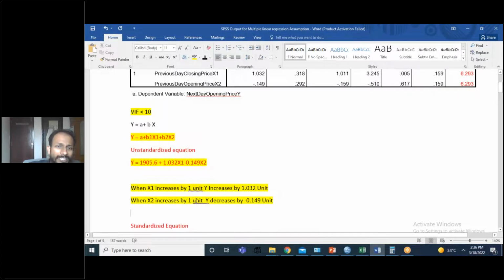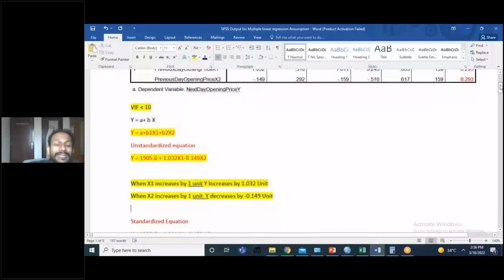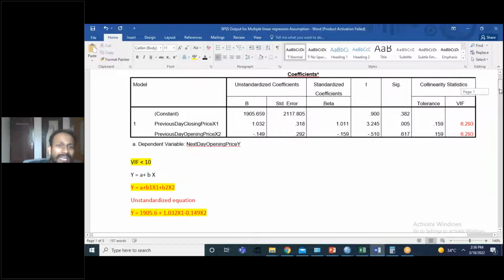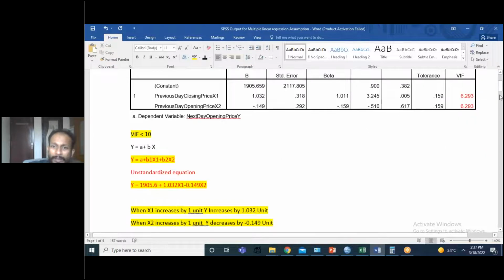When x2 increases by 100%, y decreases by 14.9%. This talks about the negative relationship between x2 and y. Here x1 indicates the previous day closing price, and x2 indicates the previous day opening price.